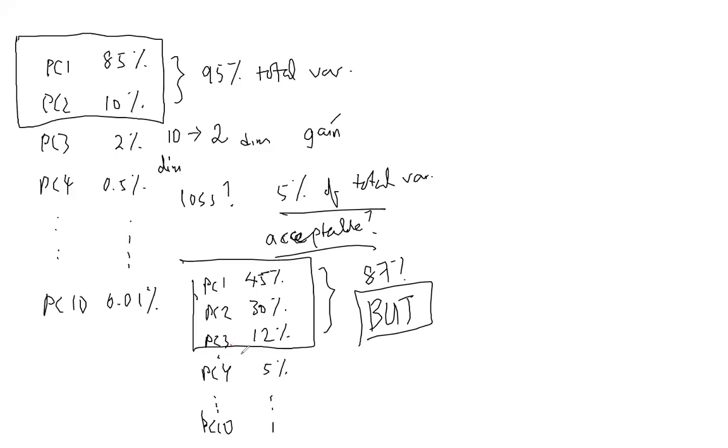For example, in this case here, it may turn out that this principal component is actually more important than the first one. It can happen. There's no general theory for this. It all depends on the particular problem that you have.